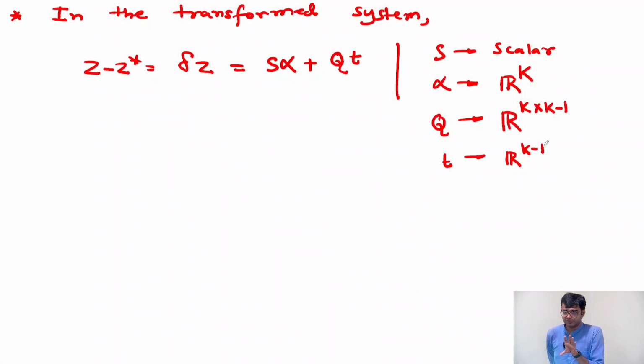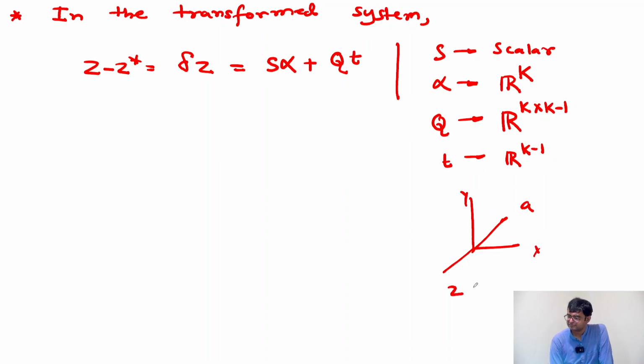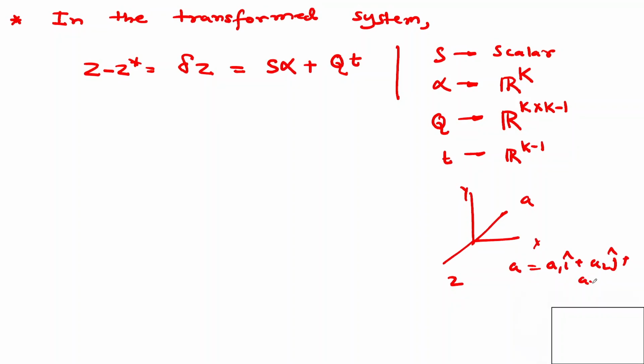Okay. Any doubt on this? Okay, very simple. Suppose I have a vector in 3D, A, and this is my x, y, z. How do you write it? A is equal to A1 i cap plus A2 j cap plus A3 k cap.